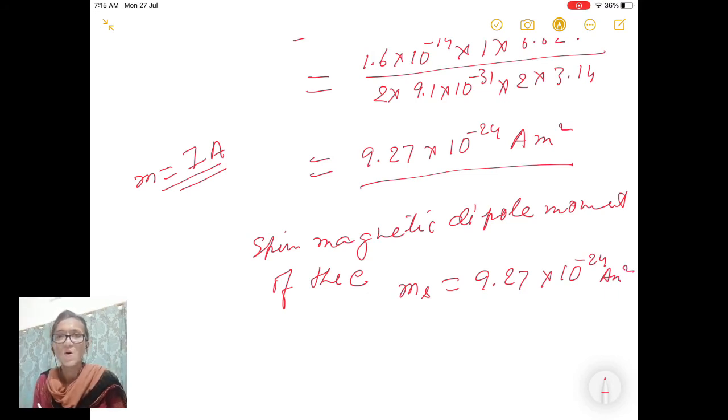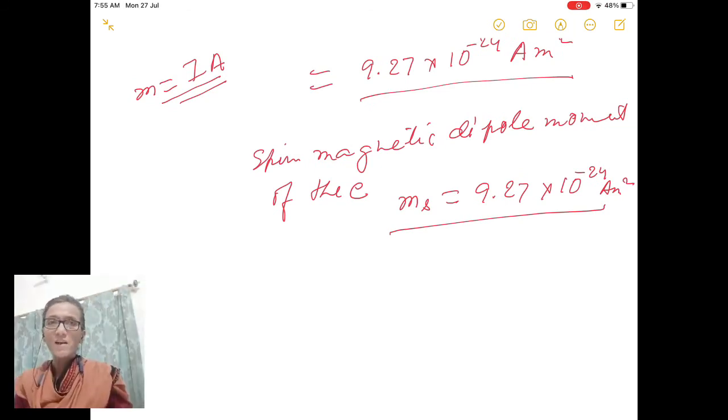And this is the cause of elementary basic magnetism in a ferromagnetic material like iron, cobalt, nickel. So always there is magnetic dipole moment in ferromagnetic materials due to this reason. This smallest value of magnetic dipole moment of an electron in a hydrogen atom is called Bohr's magneton.